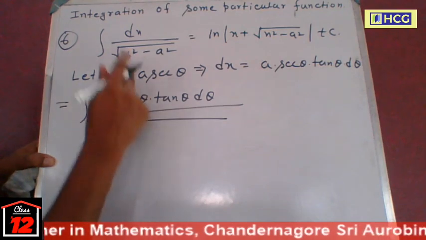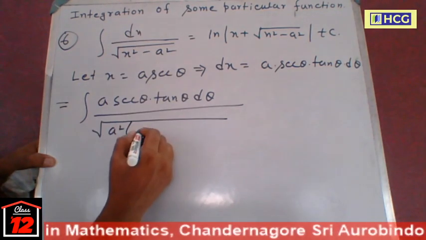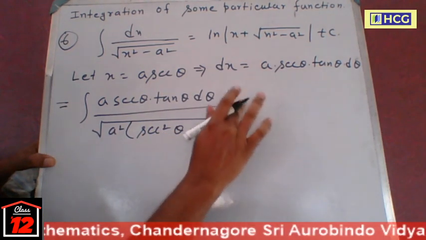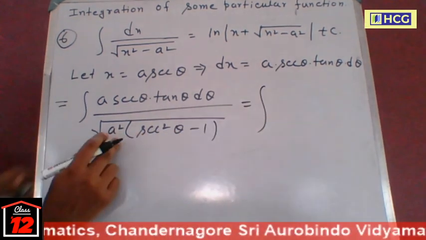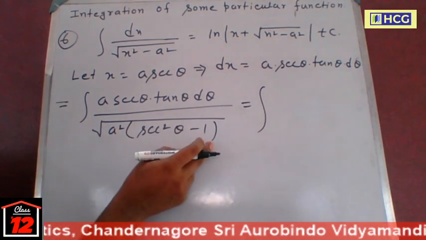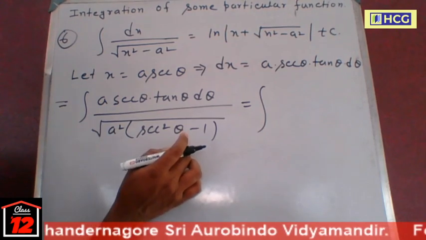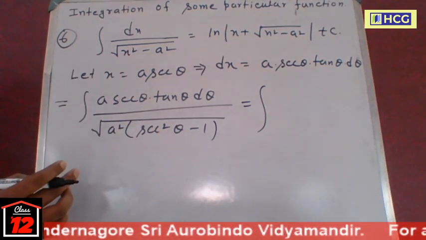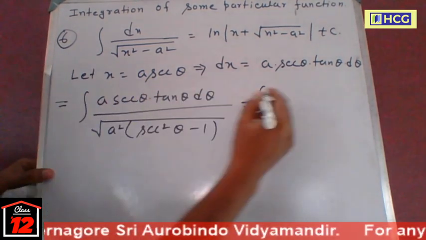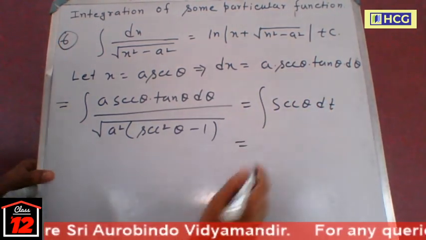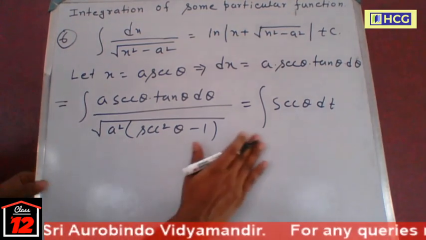Now a square sec square theta minus a square, a square is common, so a square into sec square theta minus 1. Sec square theta minus 1 is tan square theta, so this is the square root of a square tan square theta, which is a tan theta. So a tan theta cancels in numerator and denominator, leaving only sec theta d theta.